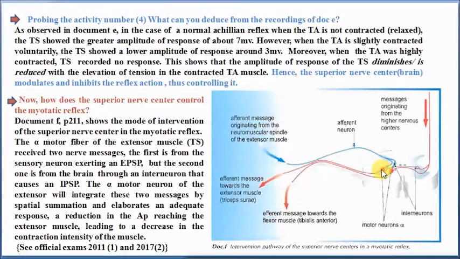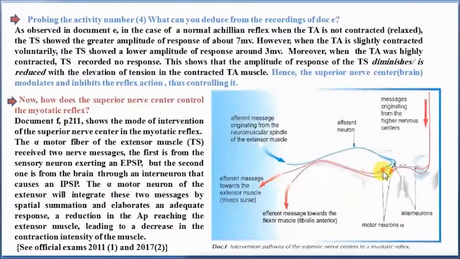So this motor neuron is receiving a message from the sensory neuron, and it is also receiving a message via an interneuron here, which I think is violet in color, coming from the brain, a message originating from the higher nervous center. This neuron synapses with the interneuron, and this interneuron synapses with the alpha motor neuron of the extensor muscle.